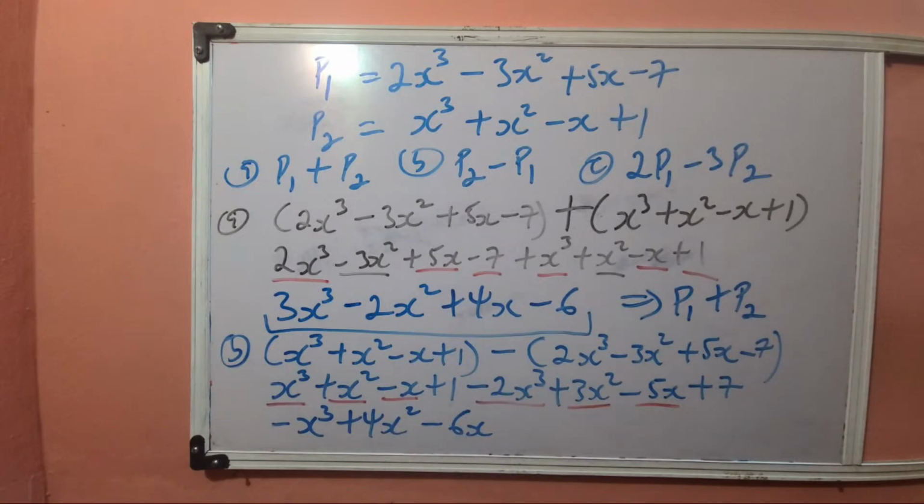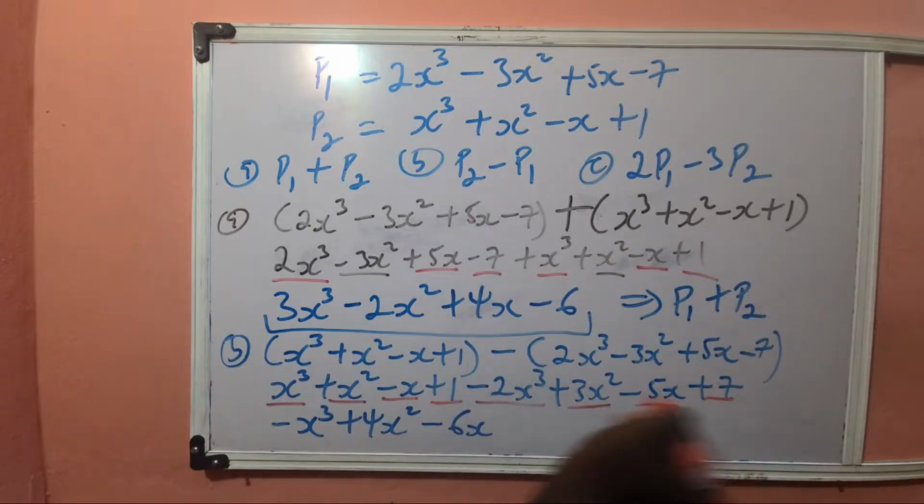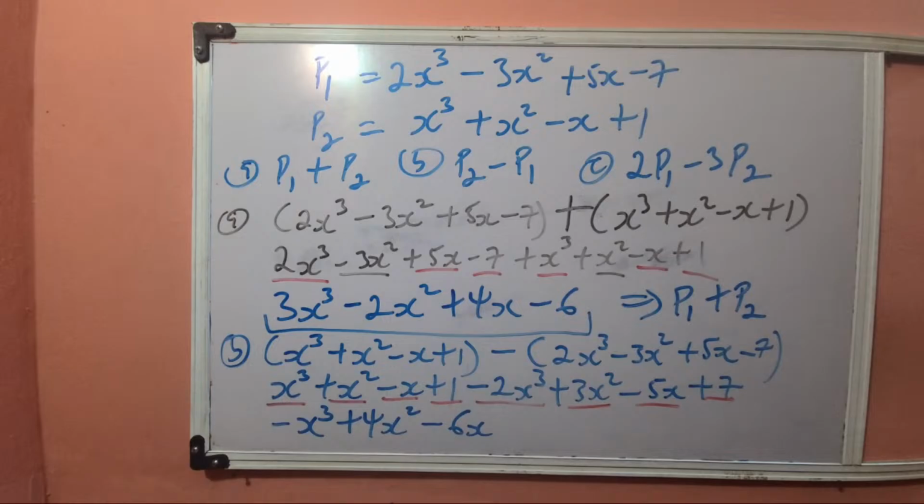Then you have plus 1 plus 7. That will give you a value of plus 8. All right. So this is how we perform the operation of addition and subtraction when dealing with polynomials. So this is my value when I was trying to solve for P2 minus P1.